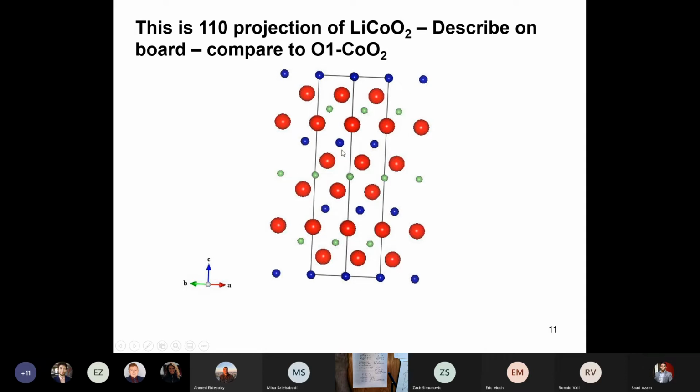This oxygen is B, and this cobalt is C. So I just went A, B, C, A, B, C, and so on. The structure is just A, B, C repeating, and you just put in the right atoms in the right place. So I'll do that on the document camera.